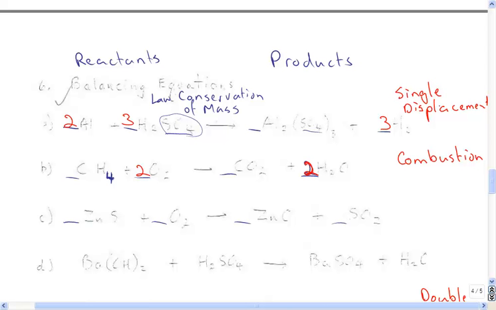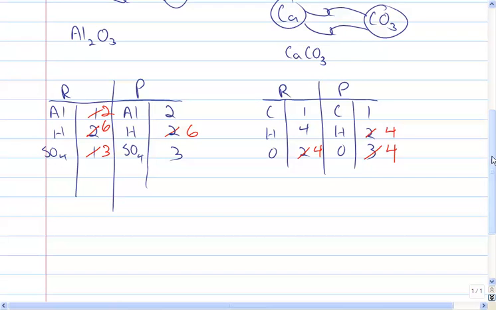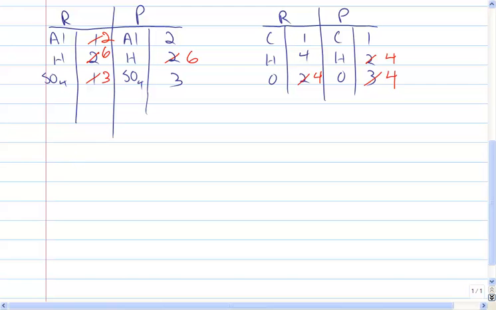So I've got zinc, sulfur, and oxygen. I've got 1, 1, and 2, and 1, 1, and 3. So let's go to our table. Let's scroll down a little bit. So again, our reactants, we've got reactants, we've got products.